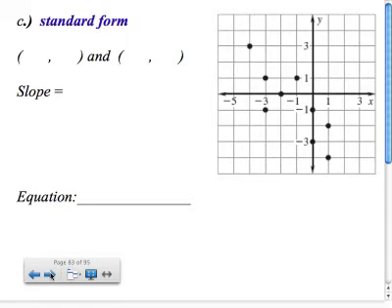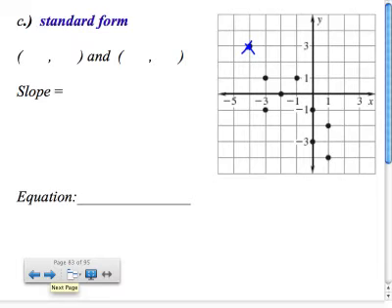Part C, we'll do one more of these together. Again, pick 2 points that appear to represent your data. And so for this one, I'm going to choose this point up here. Actually, I'm going to take that back. I don't like that point up there. I don't think it represents the data very accurately.